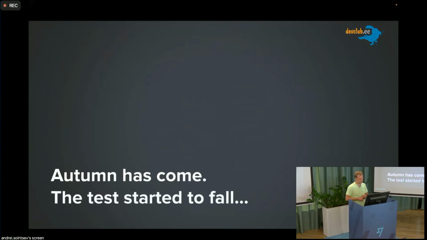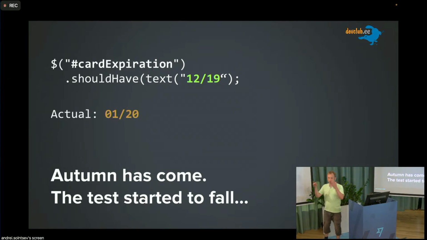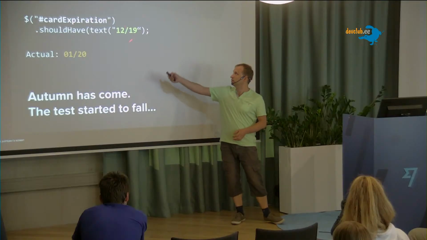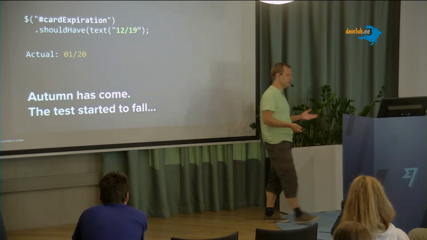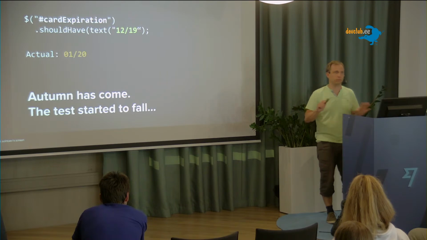This test looked like this: some card should have text like expiration date December 19. But starting from some day, this test started failing, and in reality, in the browser, there was a different date visible. Not this date, but this date, for some reason. It was like magic. Why did it start failing? Because we didn't change any code.